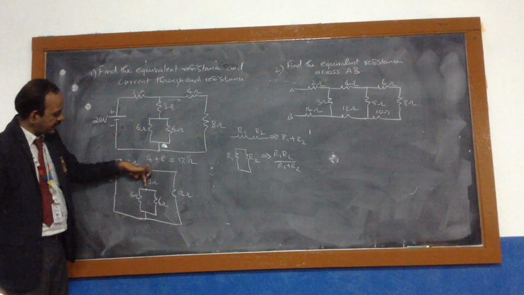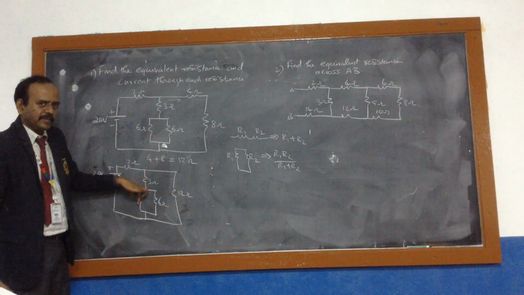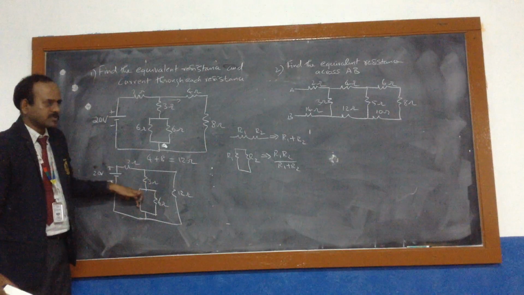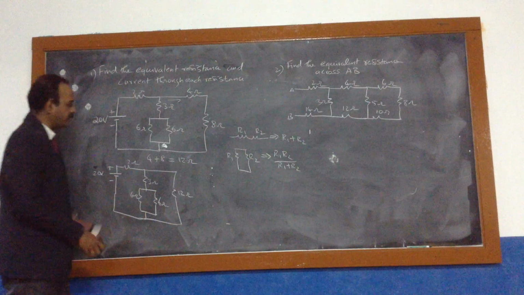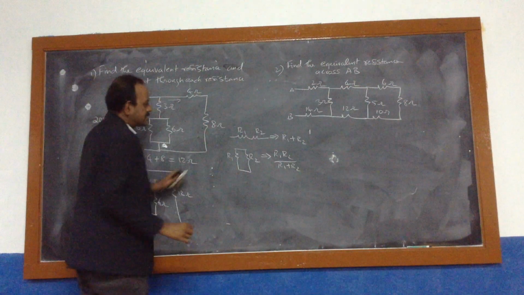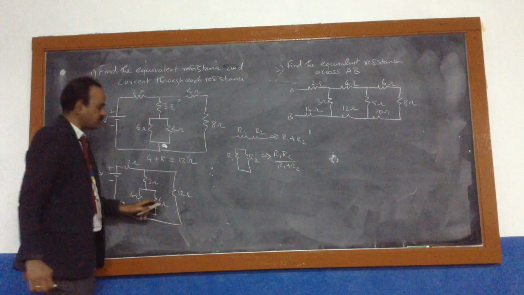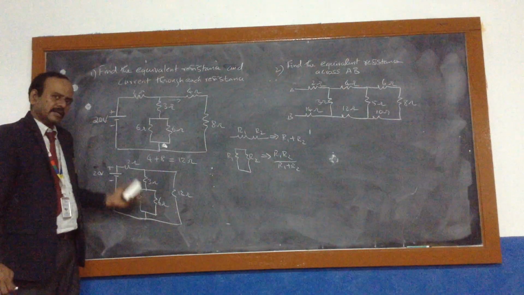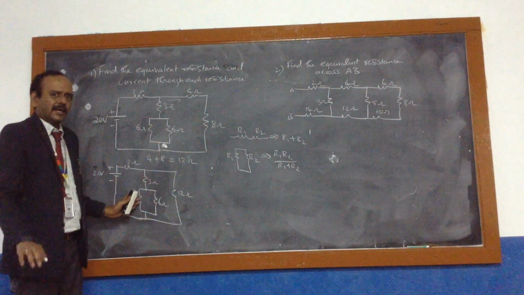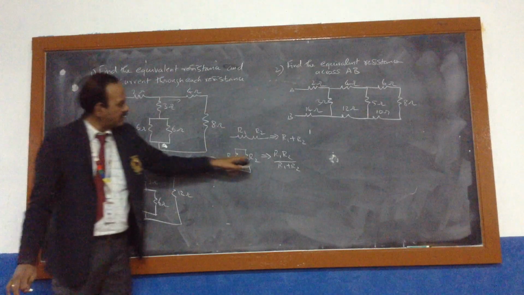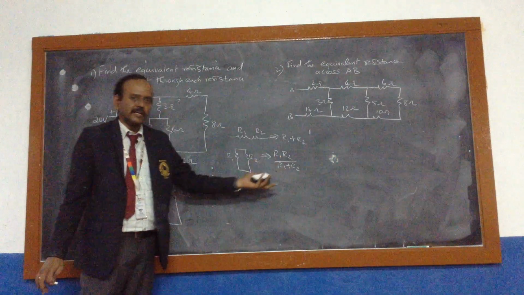First we have to solve this: 6 and 6 are in parallel. If you have the current here, the current will be divided into the 6 ohm and 6 ohm, so these two are in parallel. Since both are equal resistances, if we take them in parallel we get half of the value. So 6 into 6 by 6 plus 6, you will get 3 only.